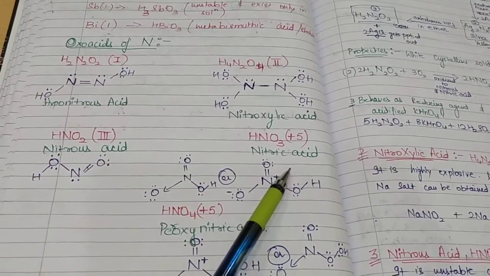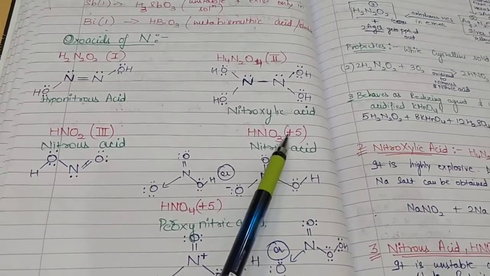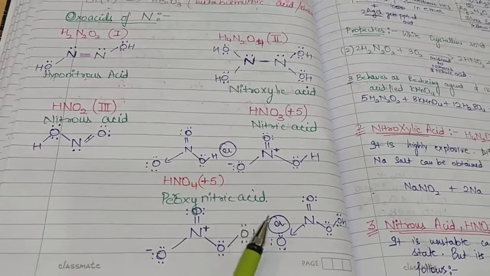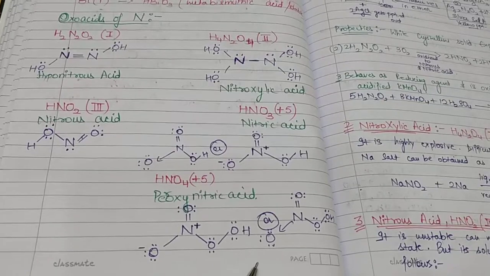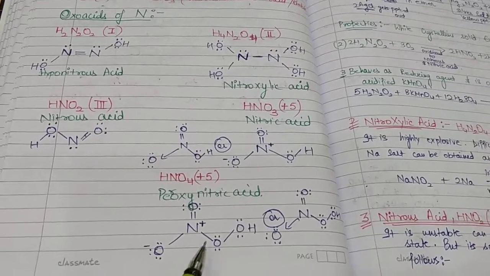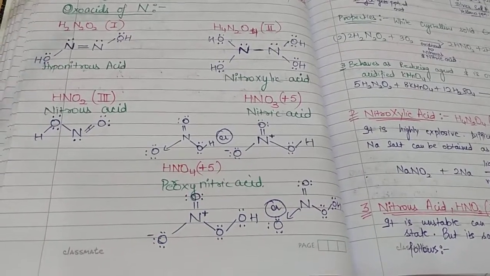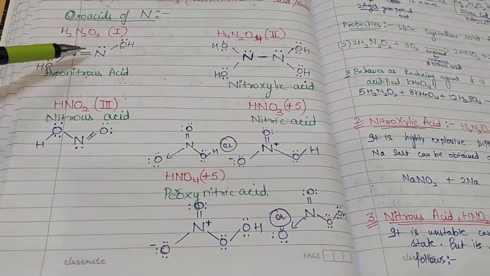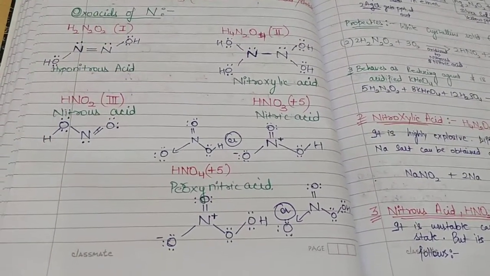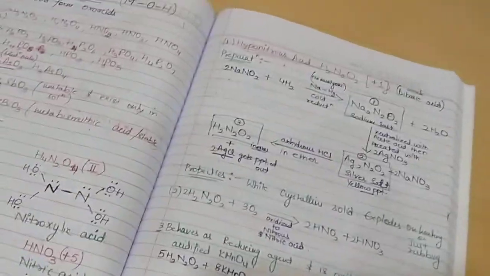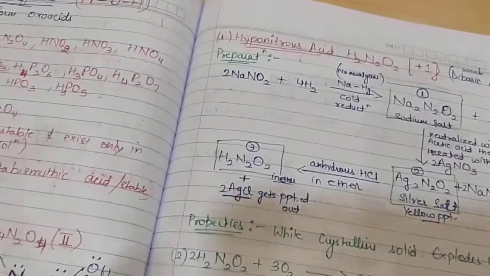Nitric acid is also a monobasic acid with nitrogen in +5 oxidation state. Again, peroxynitric acid is also a monobasic acid with nitrogen in +5 oxidation state. So you will have to memorize the structure, formula, name and oxidation state of nitrogen in each oxo acid. We'll be discussing them one by one in detail.